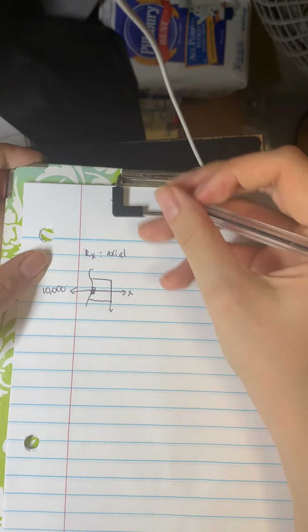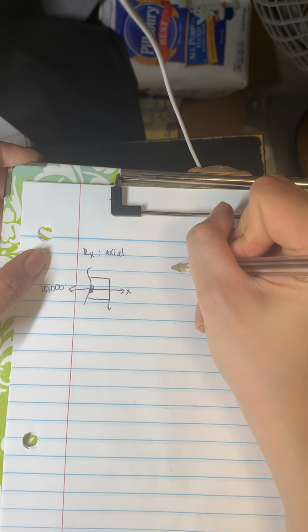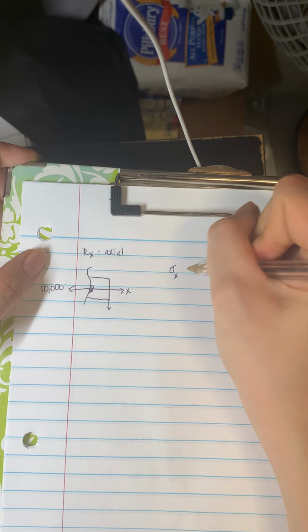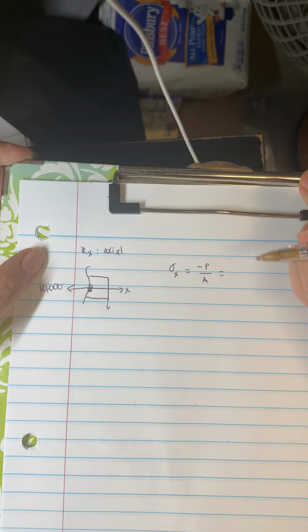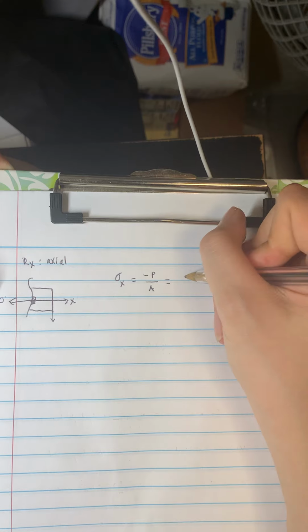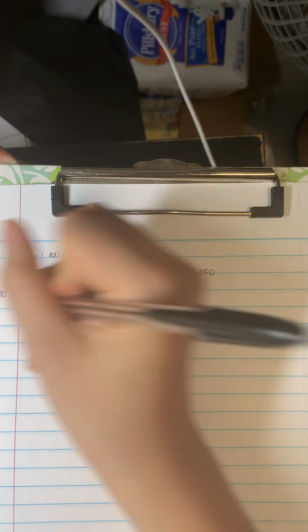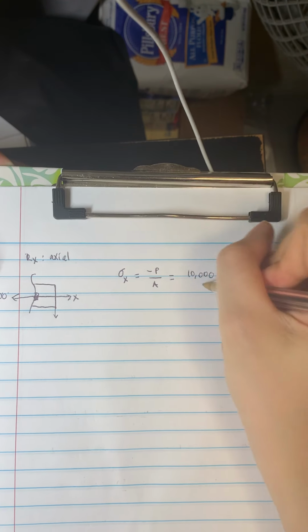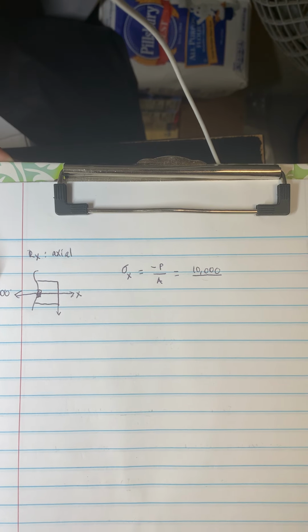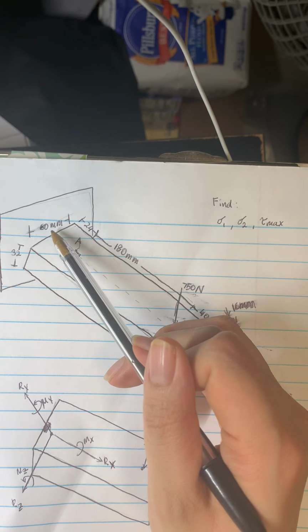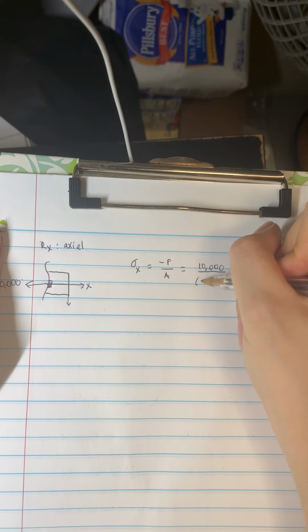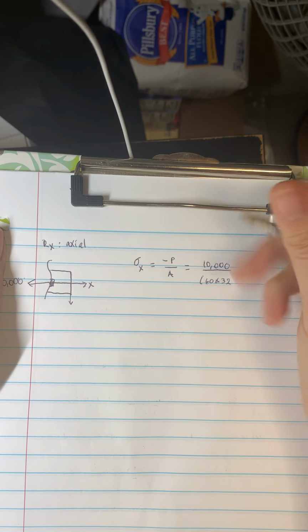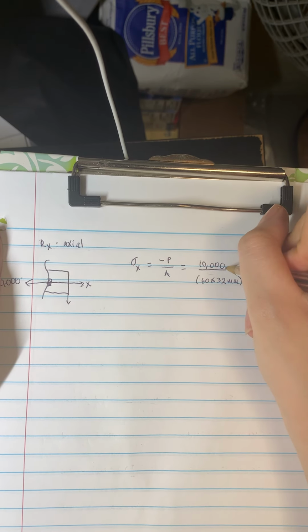So to find the stress in X, it is negative P over A. P is just positive 10,000 because we have a negative 10,000, so negative, negative cancel. And for the area, it's just 60 times 32 millimeter.